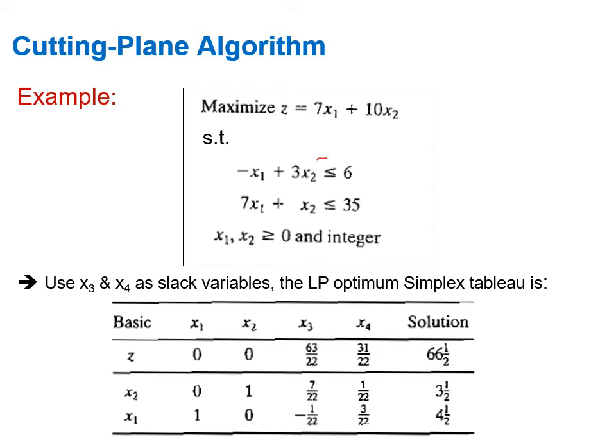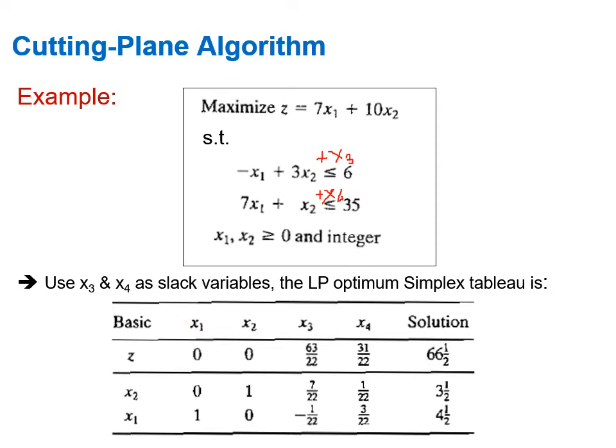Okay, so in this example, we represent x3 and x4 as the slack variables included in these two constraints. Okay, so both of these constraints are now equality, and when we solve using the simplex algorithm, we obtain this tableau. Okay, so this is the optimal tableau.